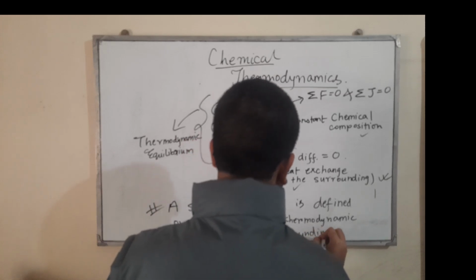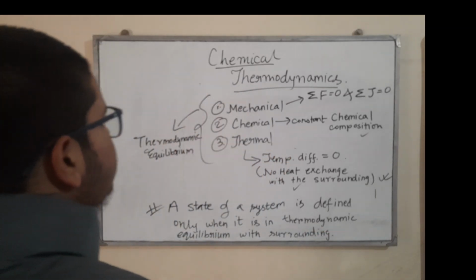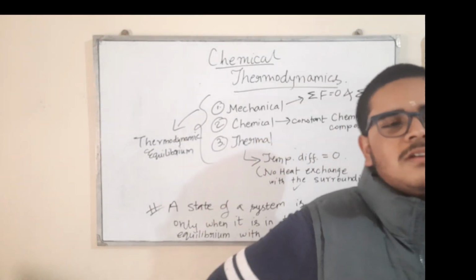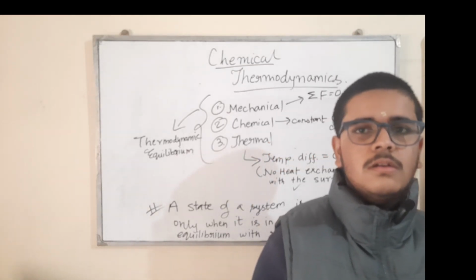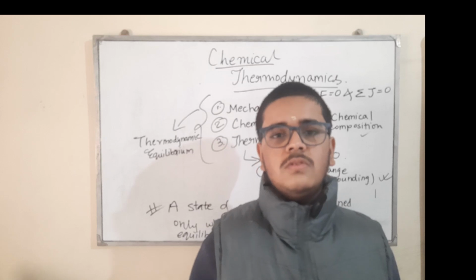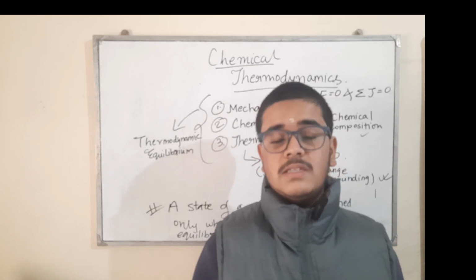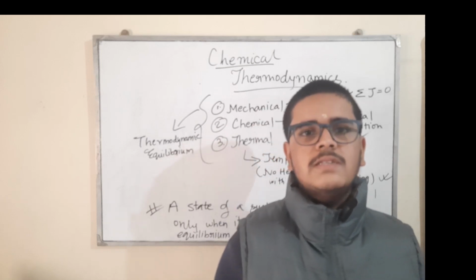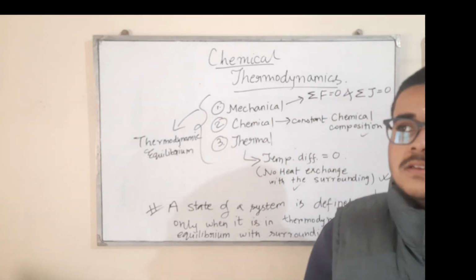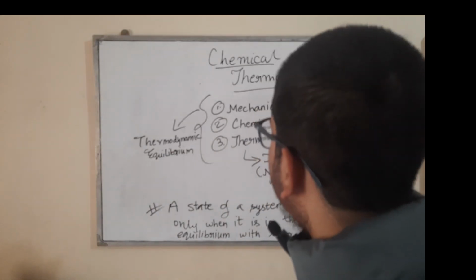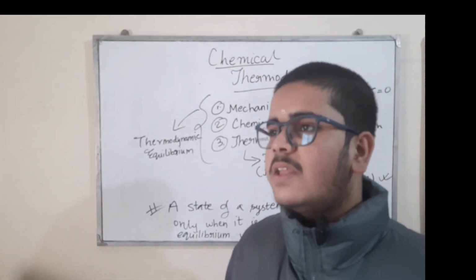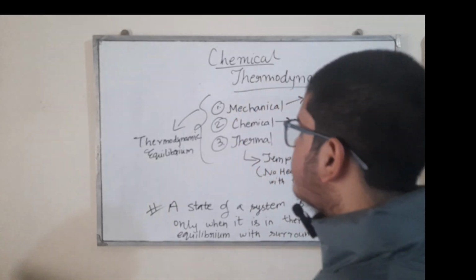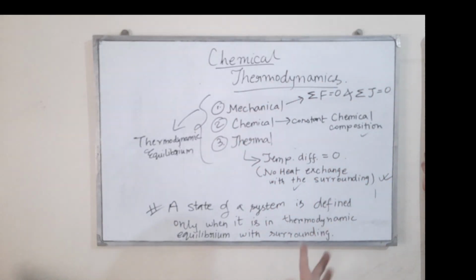If it's not in thermodynamic equilibrium, then you cannot define its state. Okay? There should be no heat exchange with the surrounding, no net external force on the system, and no change in its chemical composition. If these three hold true, then it is said to be in a particular state. If at that point pressure is P1, temperature is T1, and volume is V1, then that's a particular state of that system. Okay? This is about thermodynamic equilibrium and state.